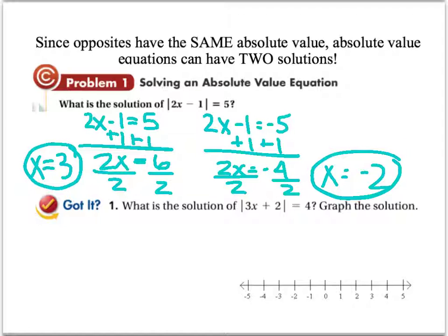Let's try the got it question number 1. What's the solution of the absolute value of 3x plus 2 equal to 4? So one equation is going to just stay the exact same, 3x plus 2 equals 4. And then for my other equation, I'm going to set that equal to what? 3x plus 2 equals? Good. One stays the same, one is equal to the opposite.